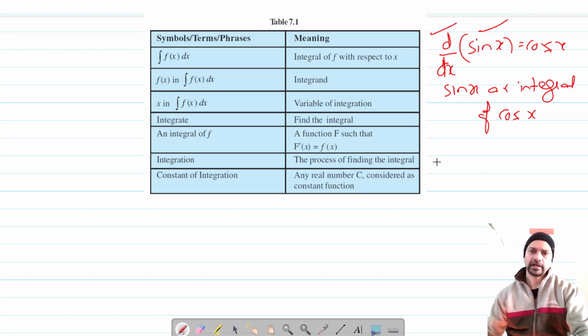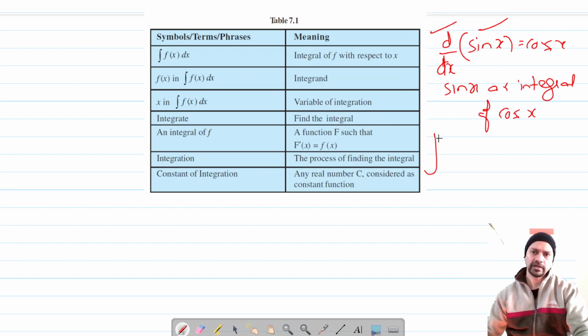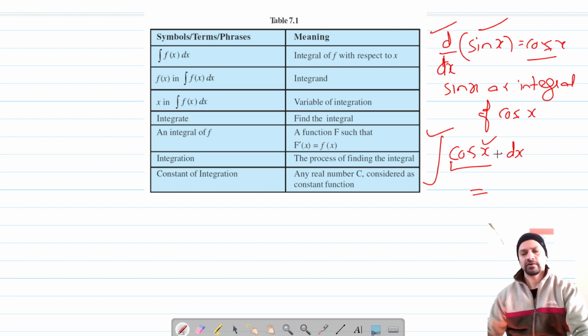So how do we write this in mathematical form? We will use this symbol and say the integration of cos x. So x is the variable, cos x is the function, and the differential element is dx. So the integration of cos x is sin x.